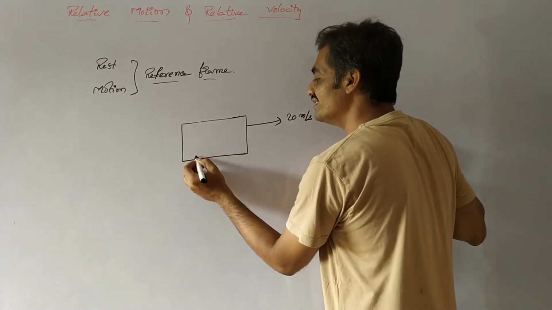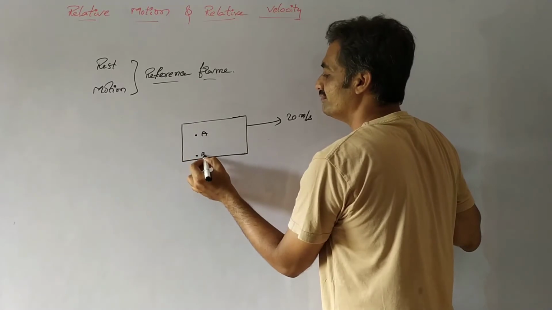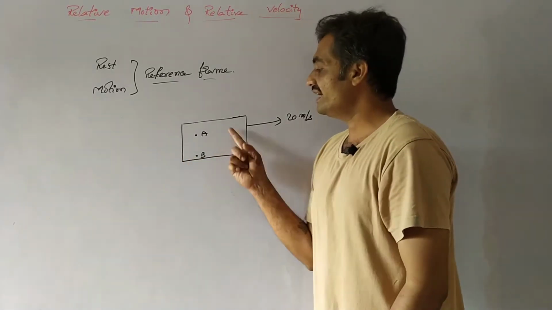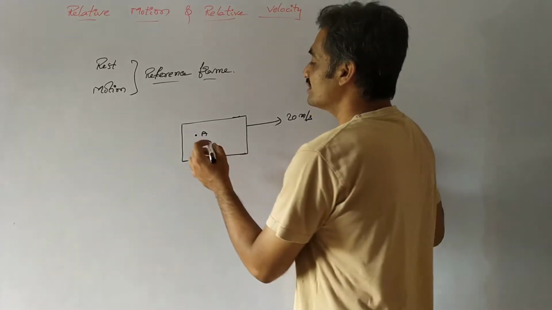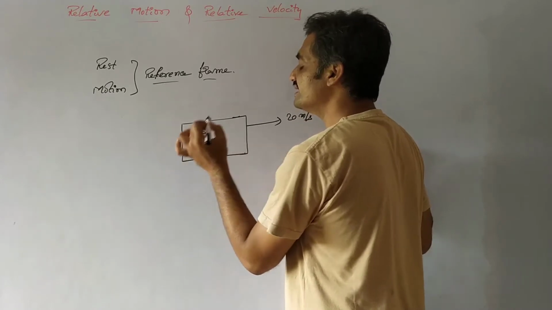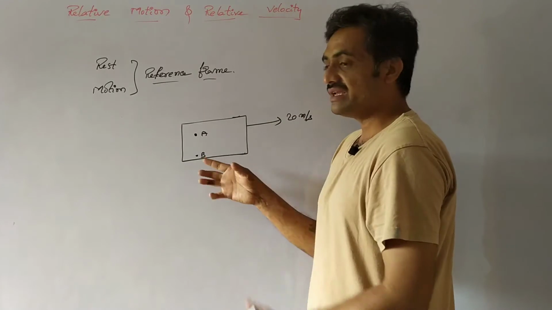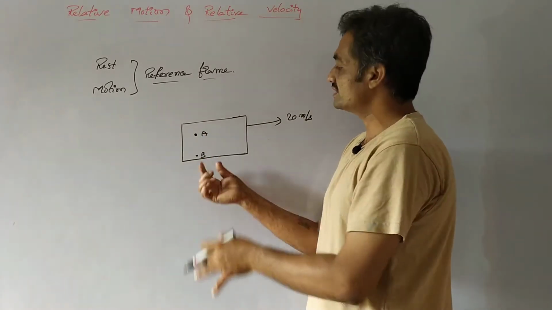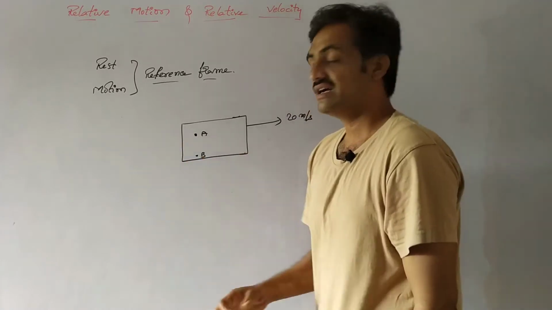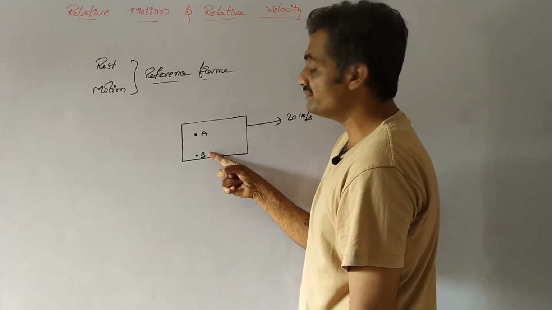Among them, let us consider two passengers, A and B. With respect to passenger B, passenger A is at rest, even though the train is moving. Why? Because they keep the same position at different times. That's why with respect to passenger B, passenger A is at rest, whereas with respect to passenger A, passenger B is at rest.